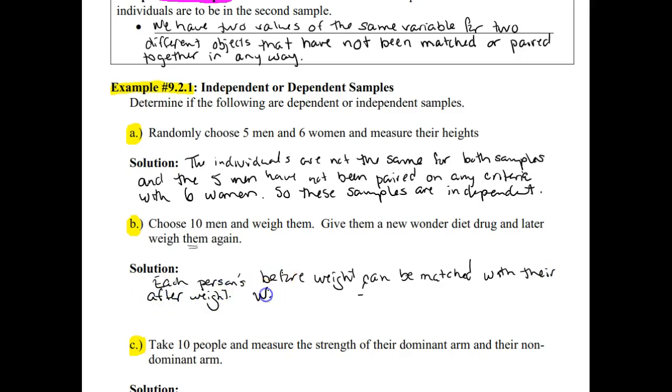So in this case we do have 2 measurements of, in this case our variable is weight, on the same person. So these samples are dependent.